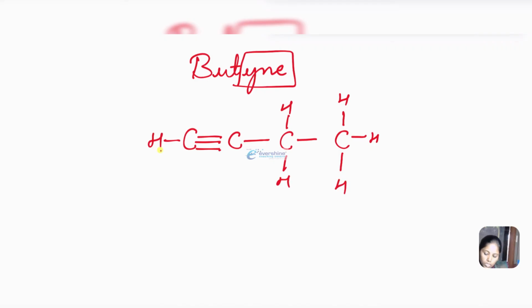Structure of methane, structure of alkane, alkene, alkyne, you should practice this. This is all about the structure of alkane, alkene and alkynes.